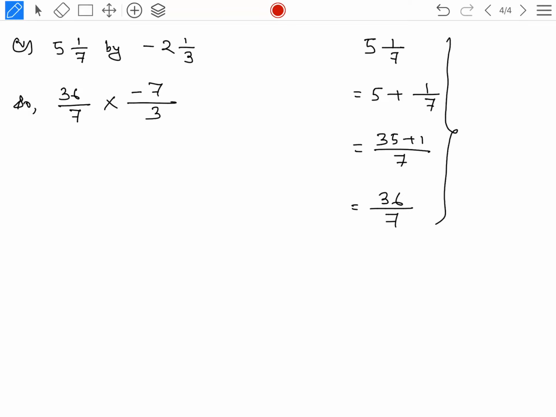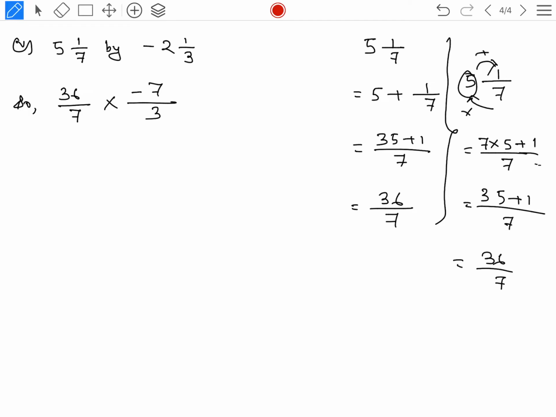This entire process can be done in one step. How? I have told you, whenever you get a mixed fraction, the denominator will remain the same. Multiply the denominator with this number 5, then add the numerator, that is 1. So 35 plus 1 by 7, that is 36 by 7.